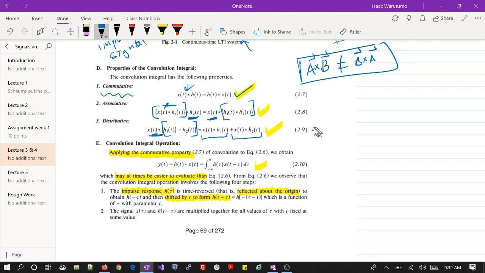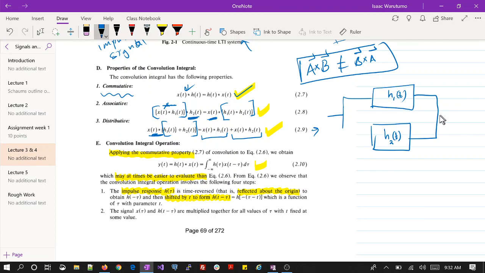This property can be described by an input going through two systems that have impulse response h1 of t, and another system right there that has impulse response h2 of t, and then you sum them through a summer, then the output will be y of t.